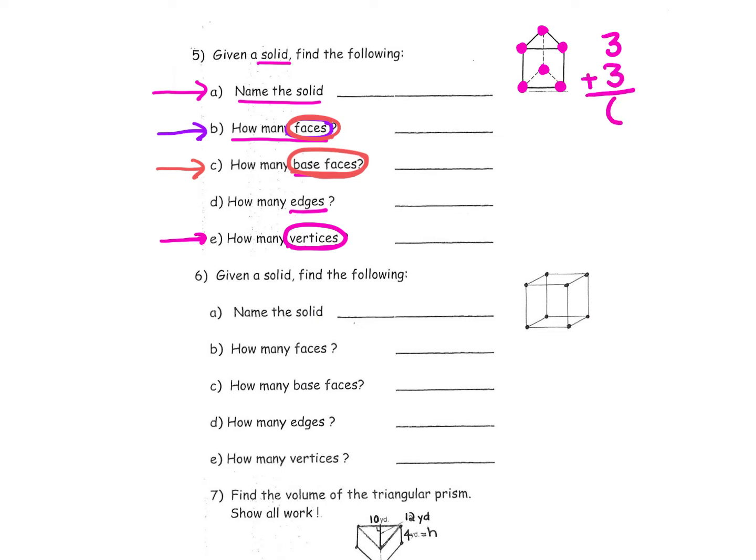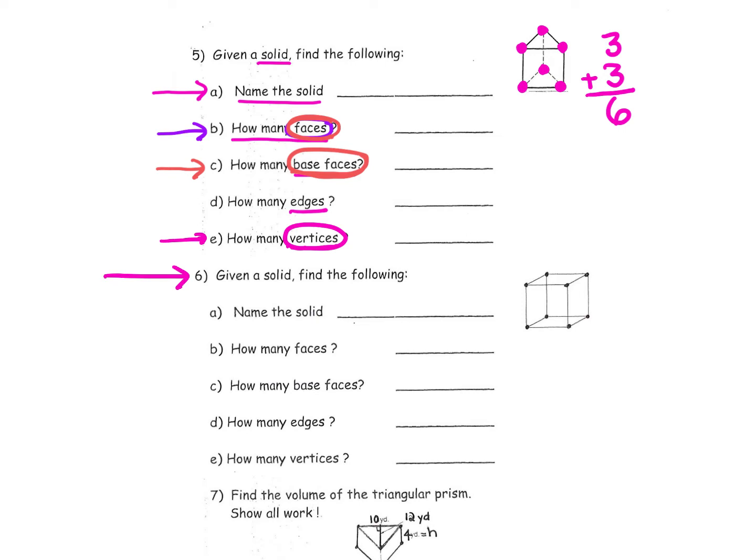Altogether, that's a total of 6 vertices. Write that down. That's the answer to letter E. Now, you're going to do number 6 on your own. Let's move on to number 7 when you're ready.